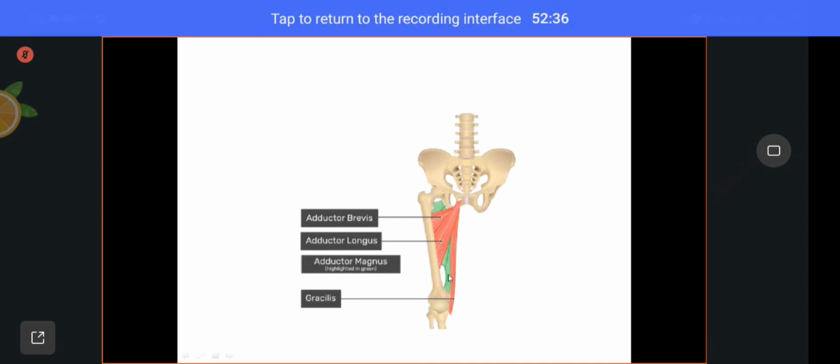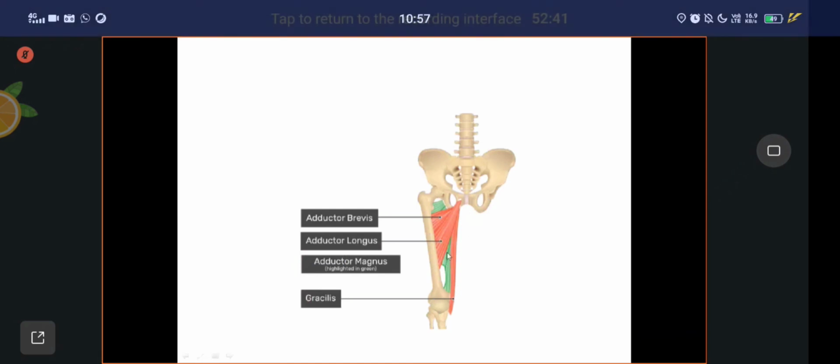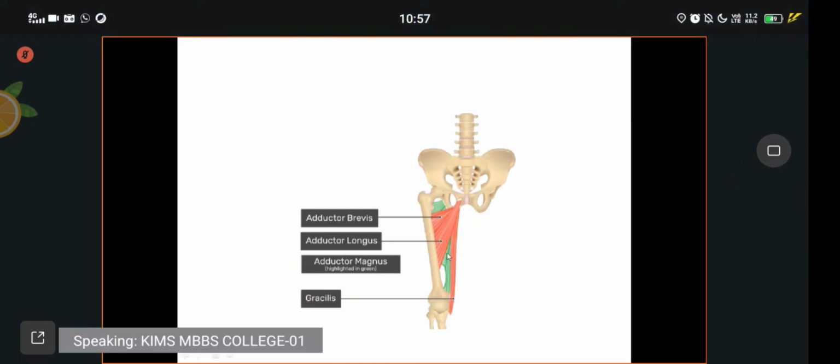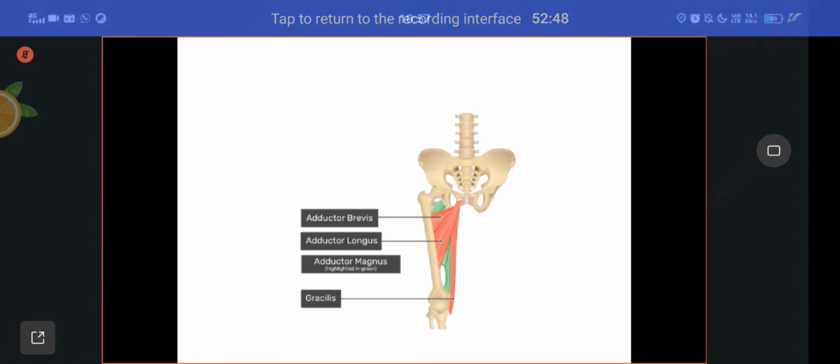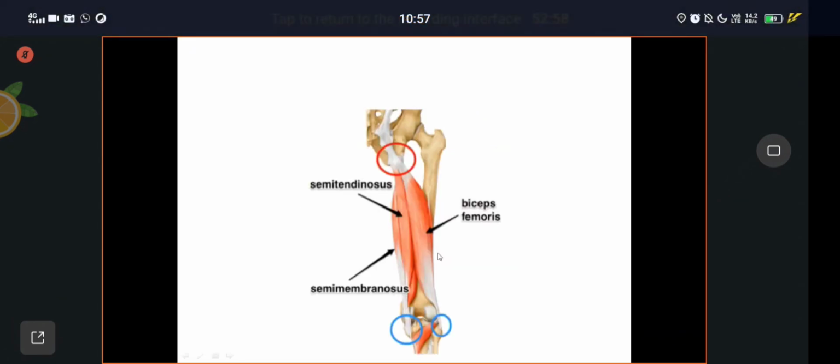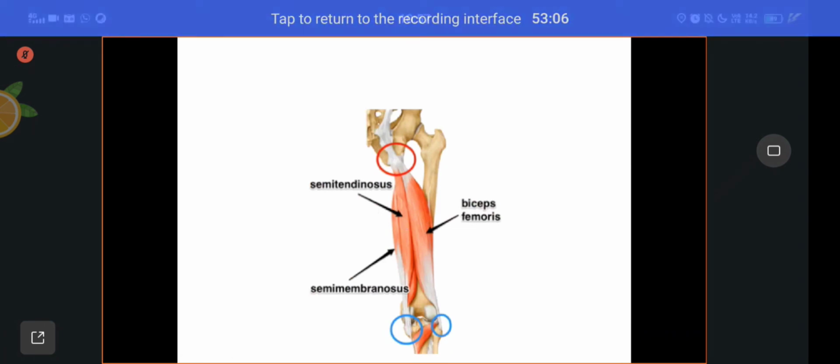This part is a part of the hamstring, and the muscle is also a part of the medial compartment. So the semimembranosus, the semitendinosus, the biceps femoris, and the ischial part of the adductor magnus all get their origin from the ischial tuberosity.